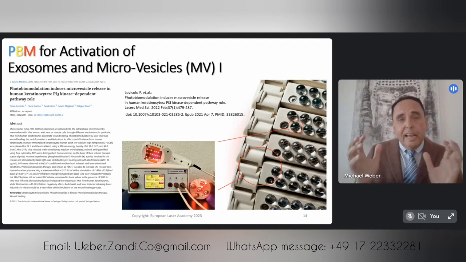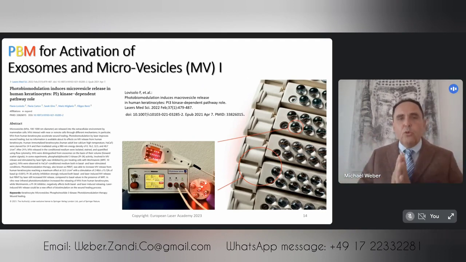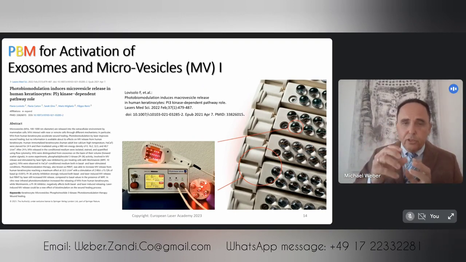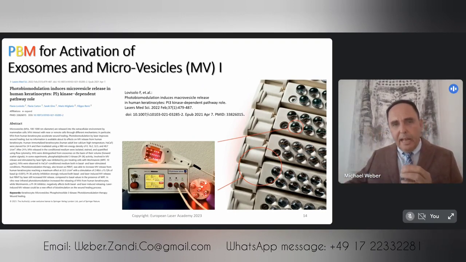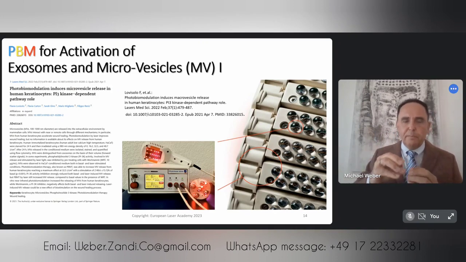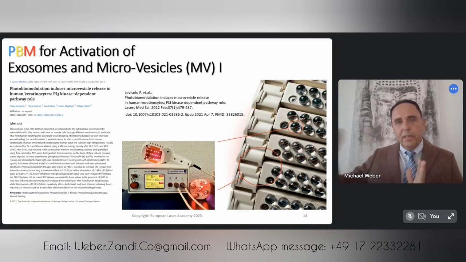And I'd like to say the bigger exosomes, the so-called microvesicles. The exosomes are the result of the microvesicles. Microvesicles are bigger than the exosomes, but the microvesicles release the exosomes.